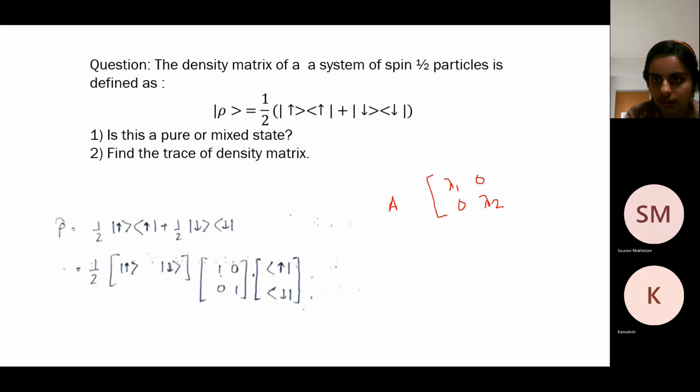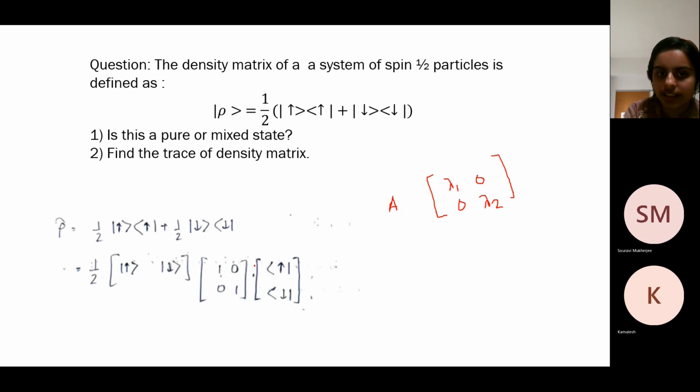Then we know that the eigenvalues are lambda 1 and lambda 2, the diagonal elements. Yes, ma'am, diagonal elements. Why? Because when this operates on any wave function, what you will get is lambda 1 into the eigenvector corresponding to that, plus lambda 2 into the eigenvector corresponding to that, right?